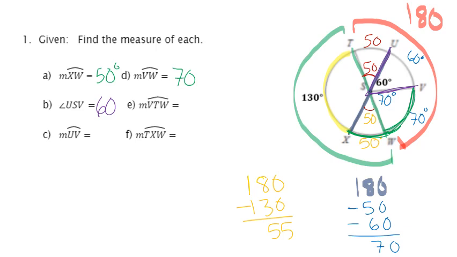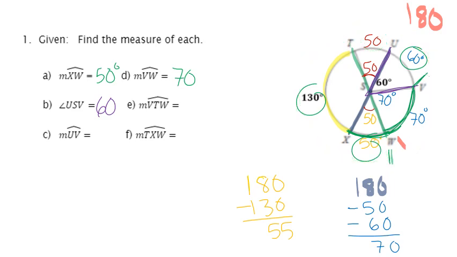VTW is going to be a major arc, so if I go from V to T to W, I can add up all these smaller arcs. It's really everything except this 70.